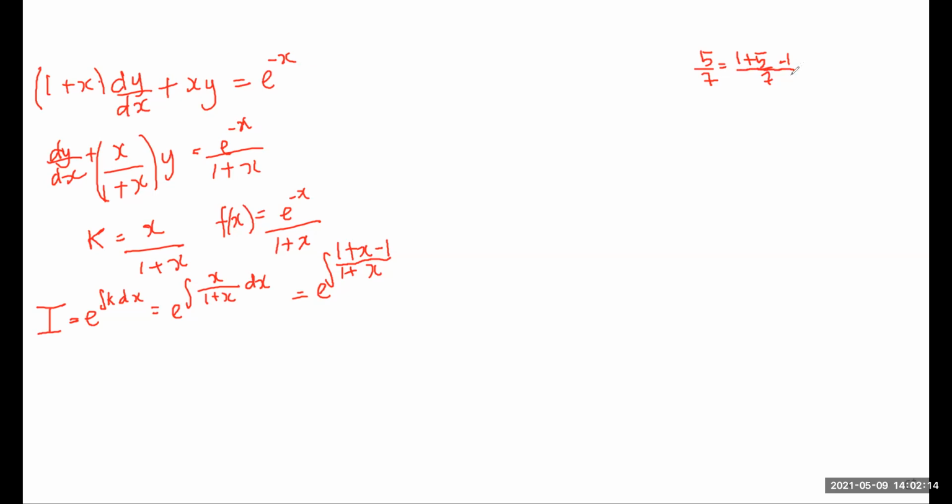Everything is over 7. That equals 6 over 7 minus 1 over 7. Isn't that true? That's true, yes, sir.